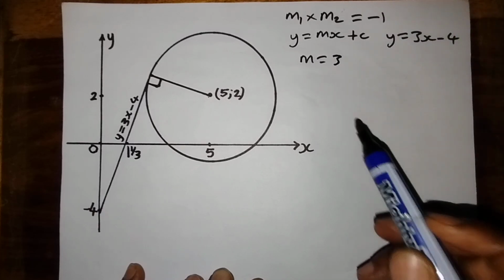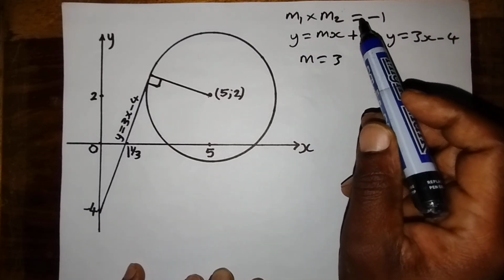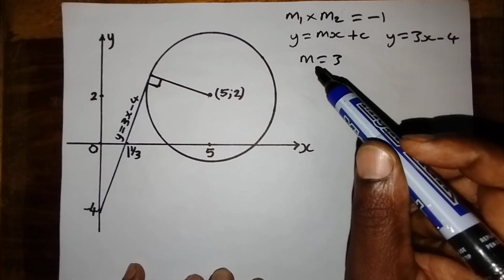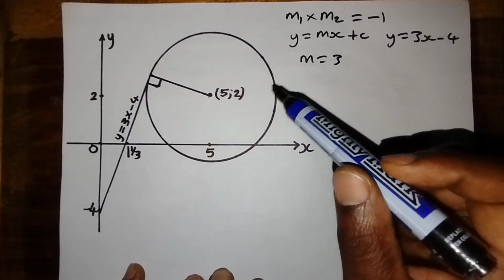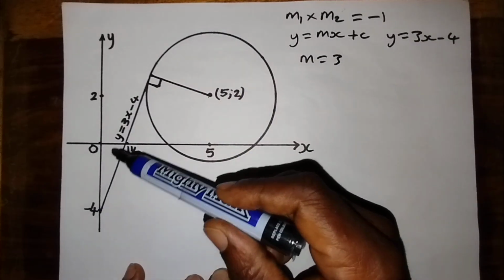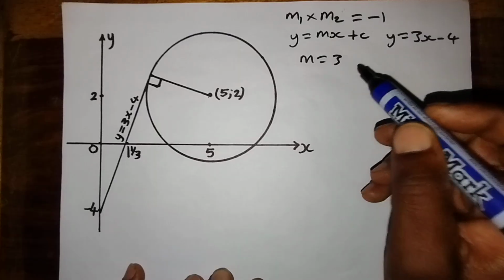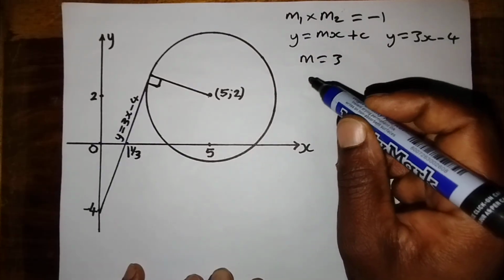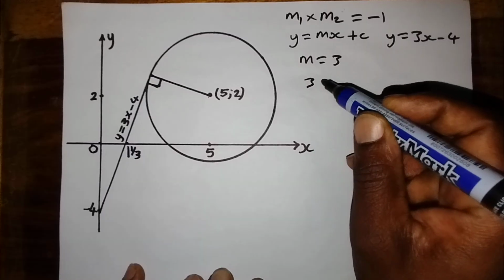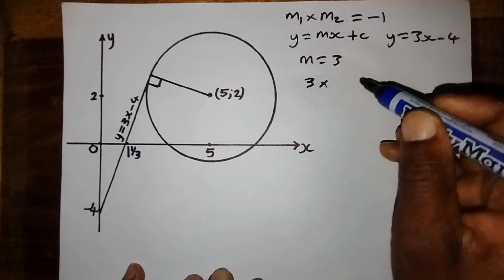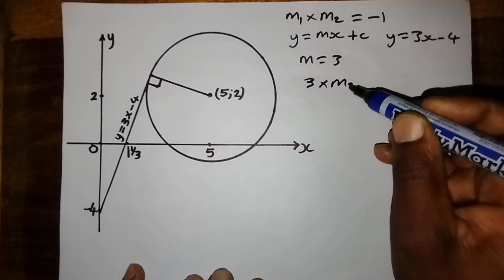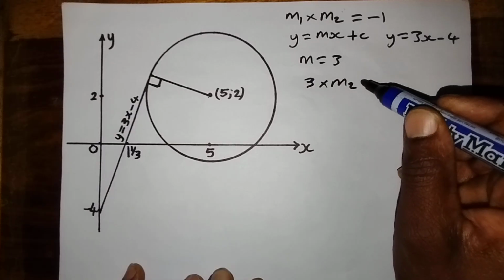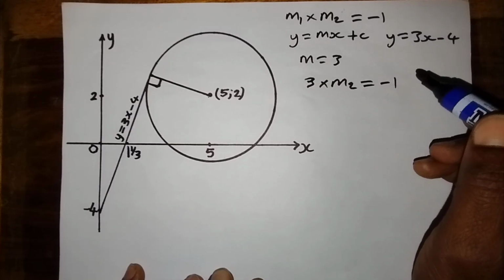Okay, so I'm going to use this product to find the gradient of the radius, which is perpendicular to the tangent. My m1 here is 3. So 3 multiplied by m2, the gradient of the radius, equals -1.